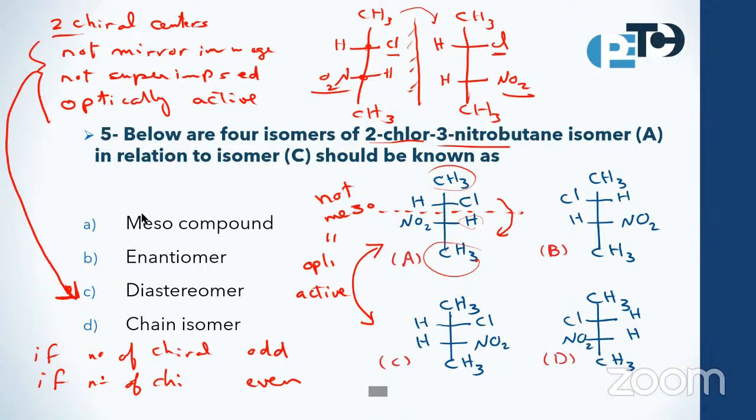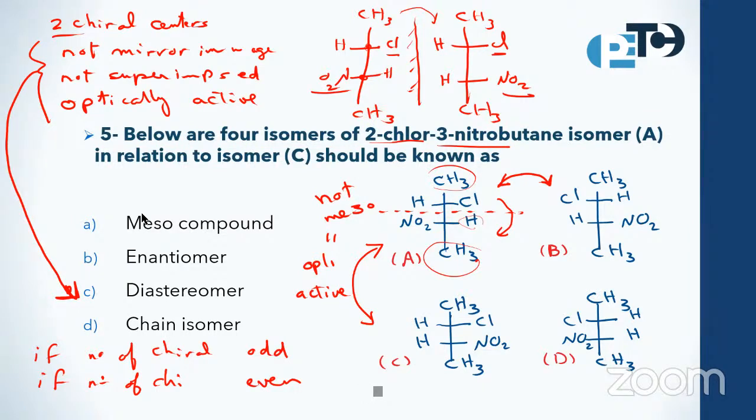While if they are mirror images of each other, like the case of A and B, if you compare A and B, they are mirror images of each other and not superimposed. So A and B are enantiomers, while A and C are diastereomers.